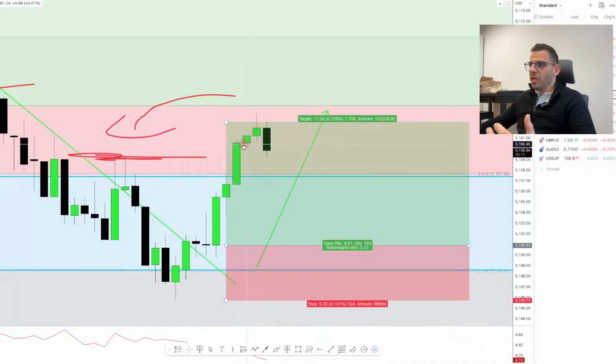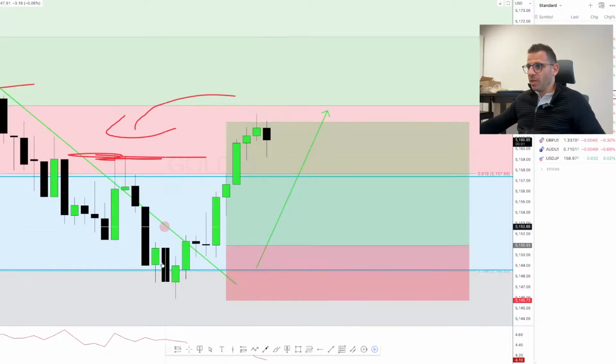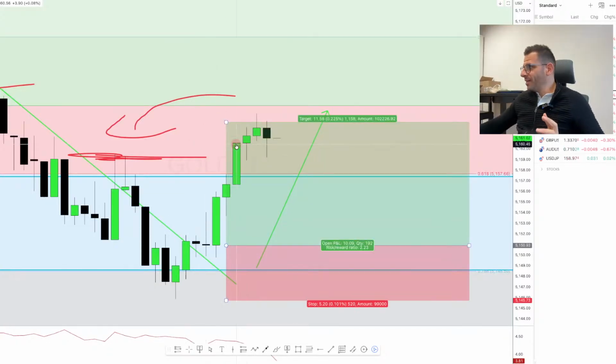That means buyers are running out of steam, but this doesn't mean that the uptrend started developing right here. It came to an end.